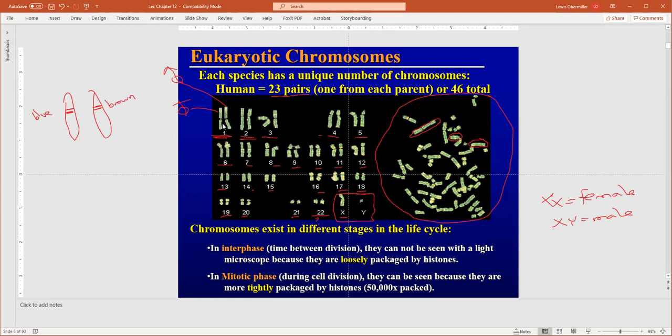So they're not identical. They're just identical in length, and they're identical in the genes that they carry. So this would be a gene for eye color. There's actually more than one gene for eye color, but it's just easy to do it this way. All right, so does everybody understand how karyotyping works?